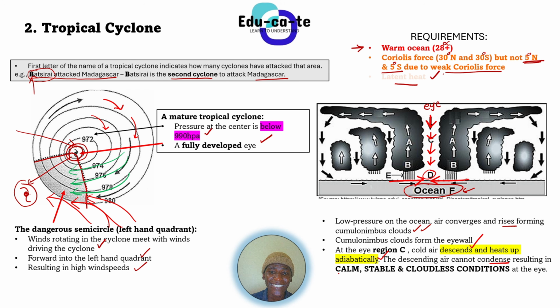This will result in calm, stable, and cloudless conditions in the eye. So they can ask you to explain why the conditions in the eye are very calm. This is due to this cold descending air that warms up adiabatically. It cannot condense, therefore we will not be able to form clouds in any way in the region C, which is the eye.